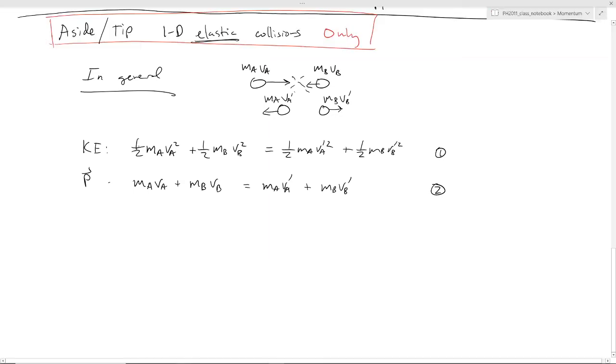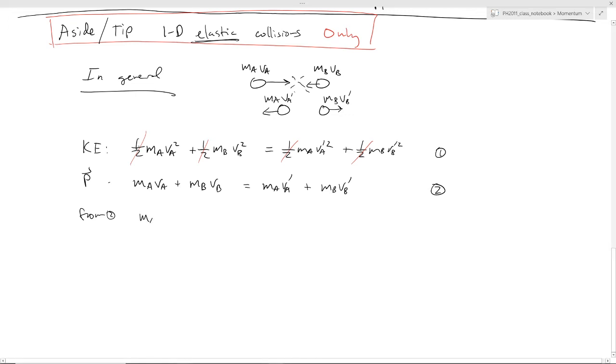Notice again, the factor of 1/2 drops out. So what we're going to do is, from this second equation, reorganize this a little bit so that I have MA and MB all on the same side.